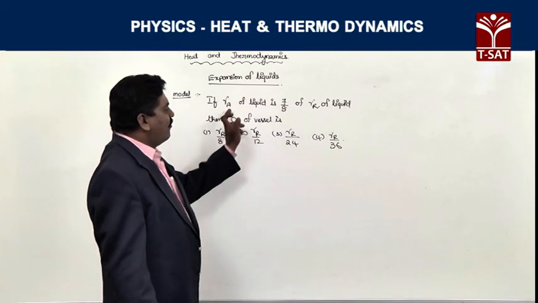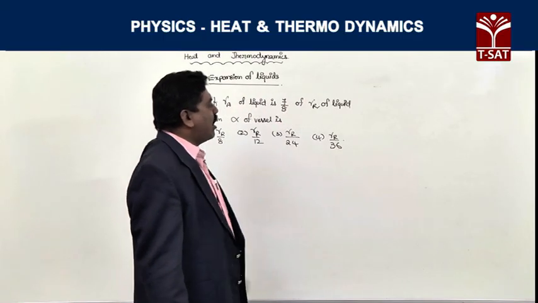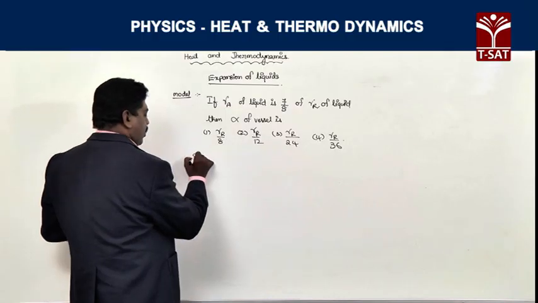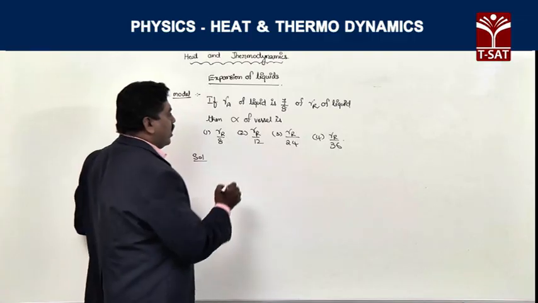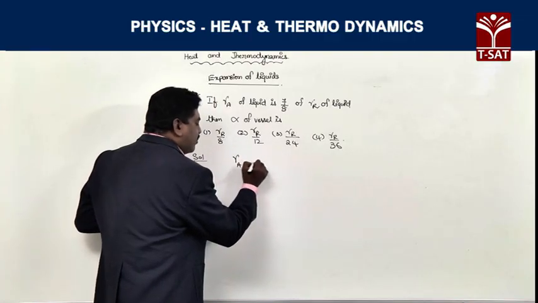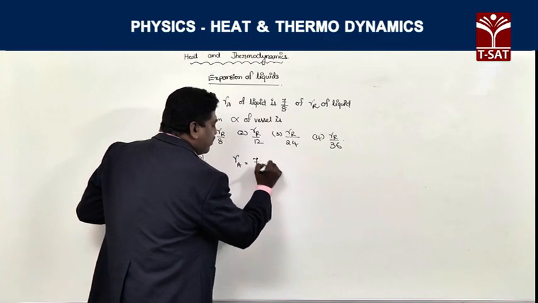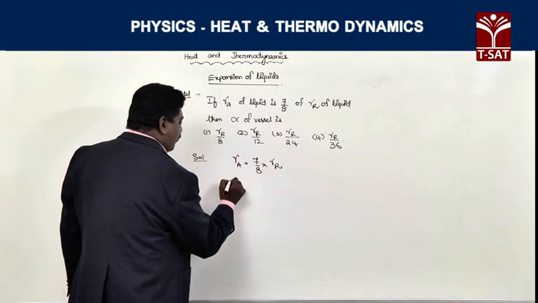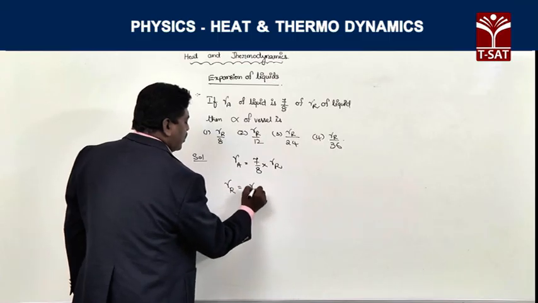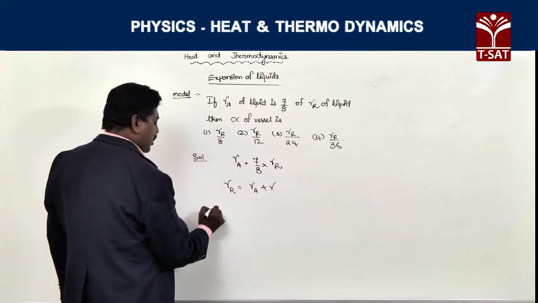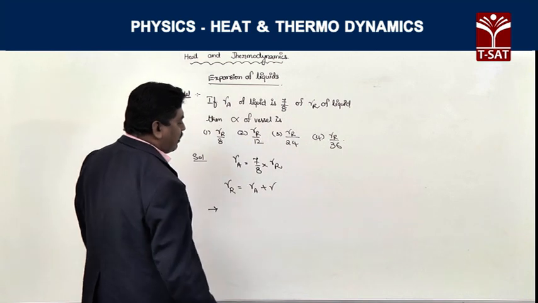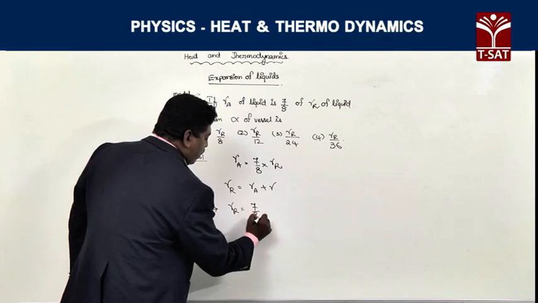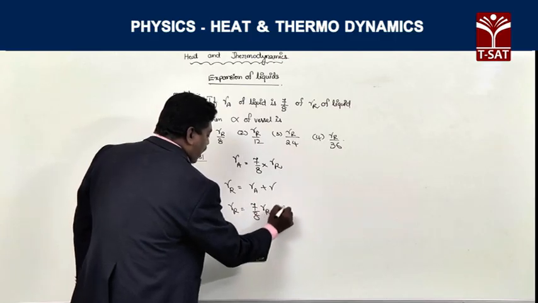If gamma A of a liquid is 7/8 of gamma R of the liquid, then alpha of the vessel is? Here we are given gamma A equals 7/8 times gamma R. Now we know the formula, gamma R equals gamma A plus gamma. Substitute gamma A as 7/8 gamma R, so we get 7/8 gamma R plus gamma.